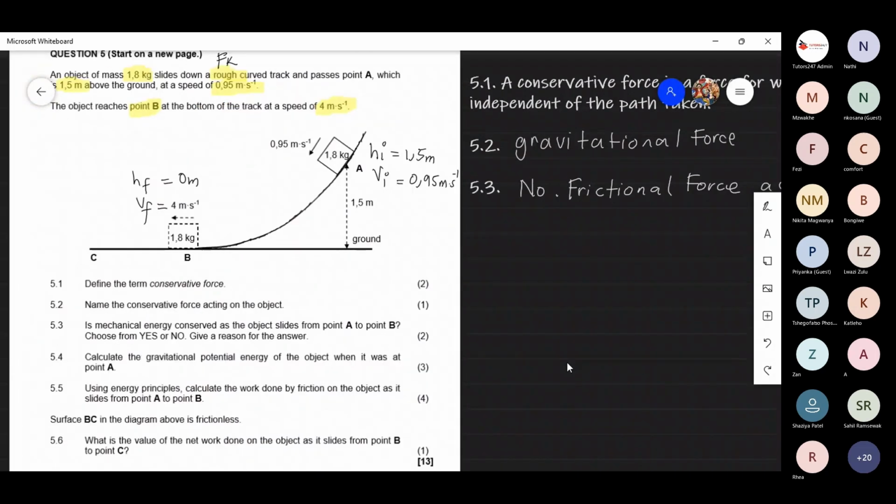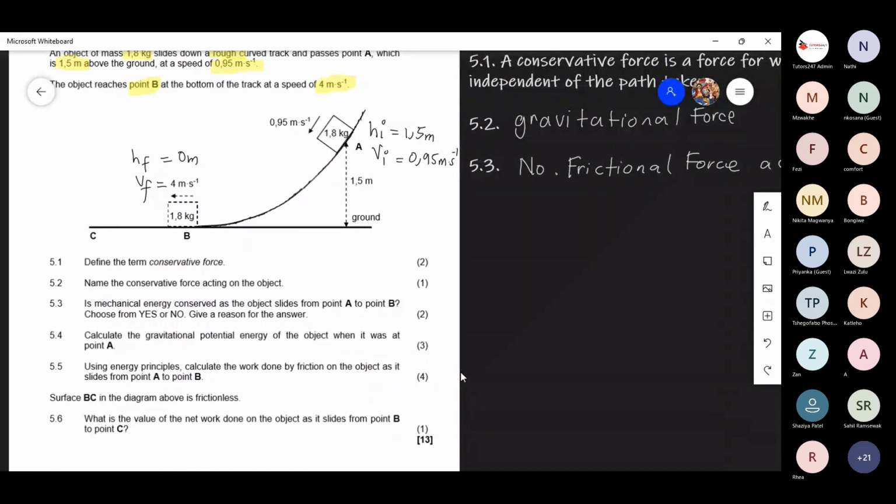So let us proceed. We have question 5.4, which states, calculate the gravitational potential energy of the object when it was at point A. So we now need to calculate EP at point A, which is also the final gravitational potential energy.